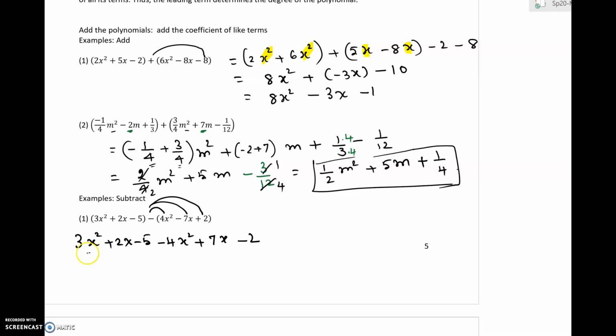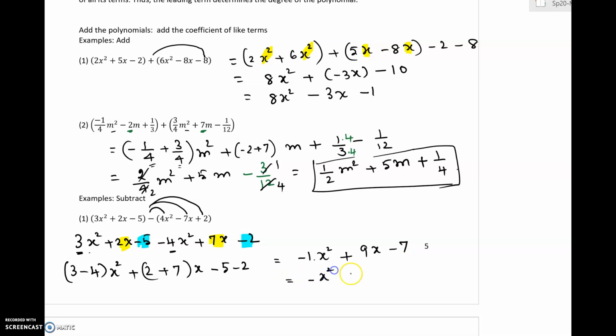Now you combine the like terms, 3 minus 4 x squared, then you have 2 plus 7x, then combine the numbers, negative 5 minus 2. So that will be negative 1x squared plus 9x minus 7. So negative x squared plus 9x minus 7.